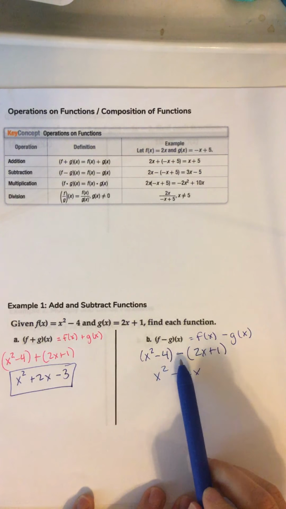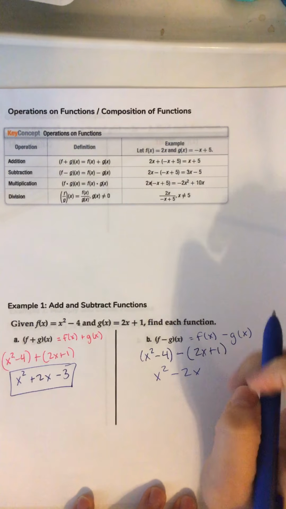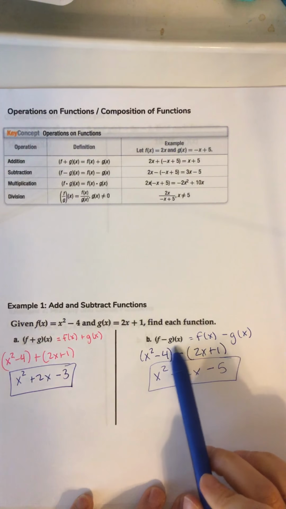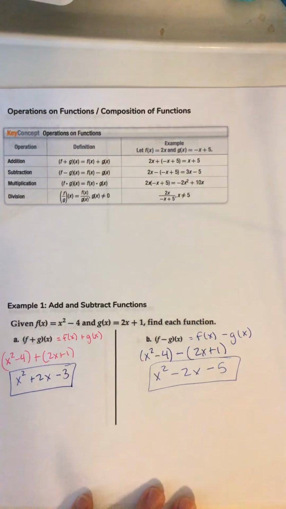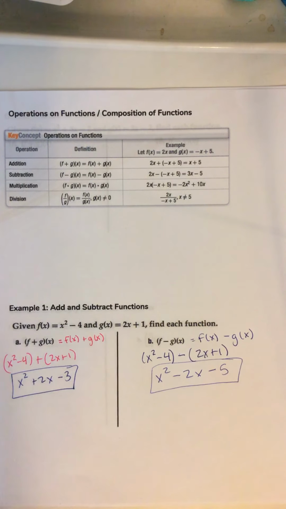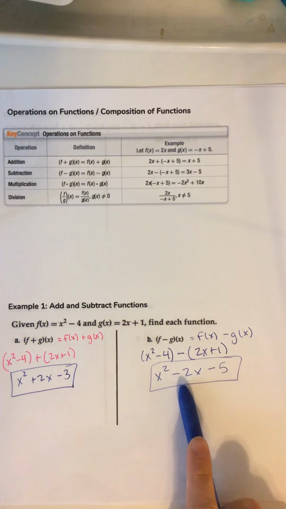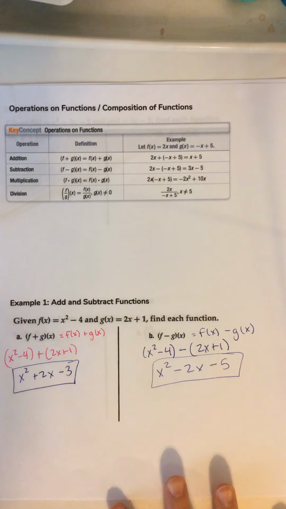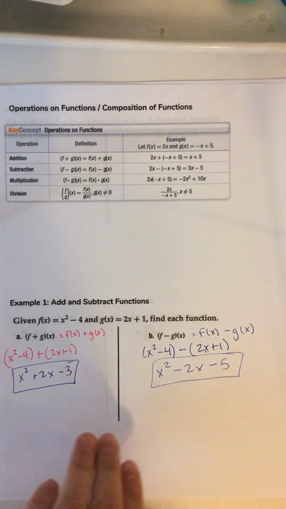And then negative 4 minus 1 is going to give us a negative 5. So subtraction's a little bit trickier because you have to distribute that negative sign in, or just think about it as subtracting to get that this is a minus 2x. That was the tricky part there. But we have been doing this a lot, so hopefully this wasn't too bad.